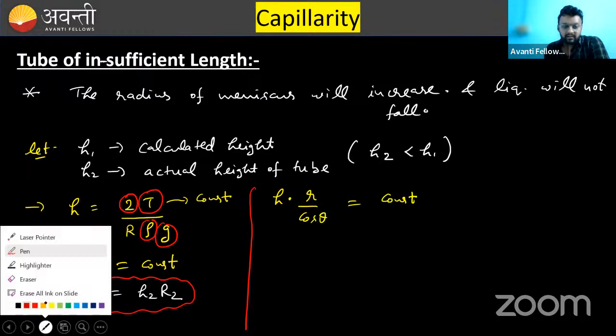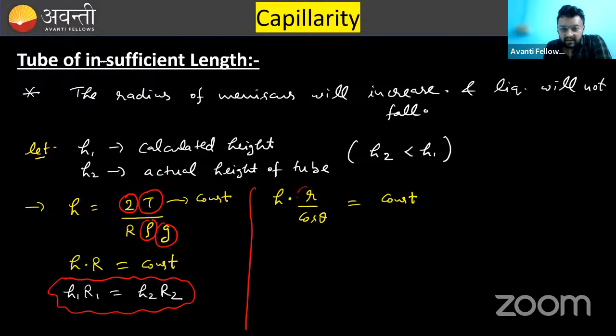Again, this r is the radius of the tube. You can't change the radius of the tube, it will remain constant. So H upon cos theta is a constant.